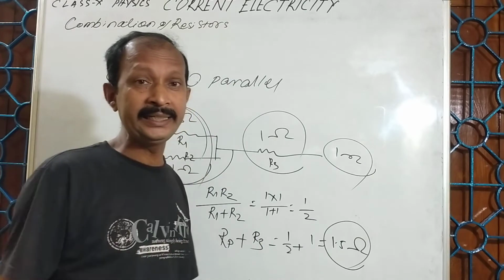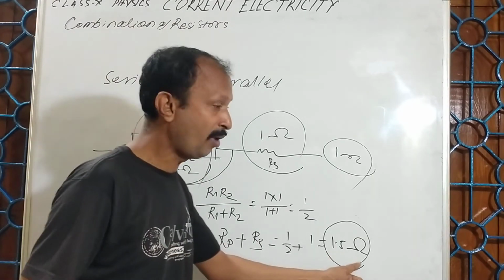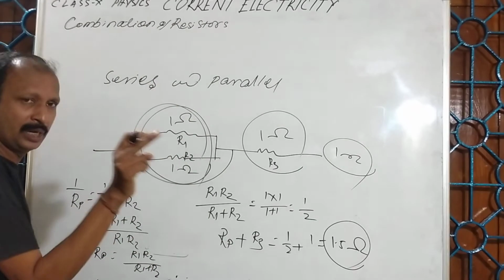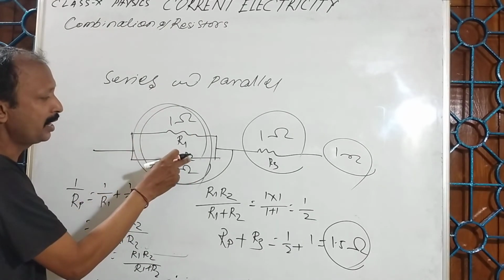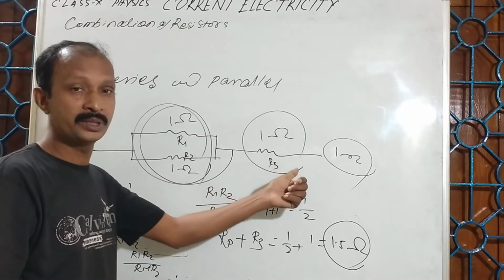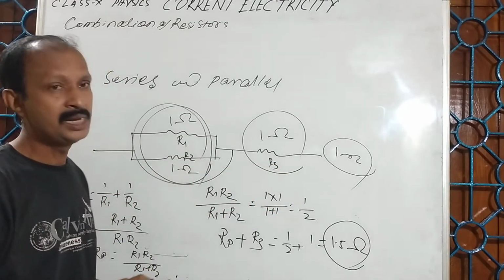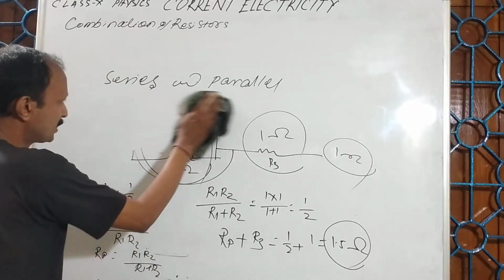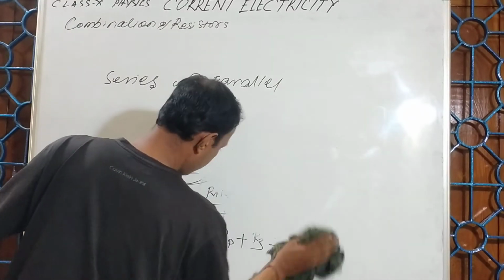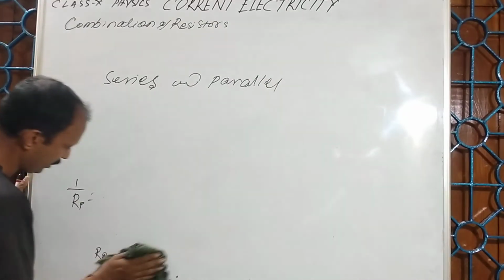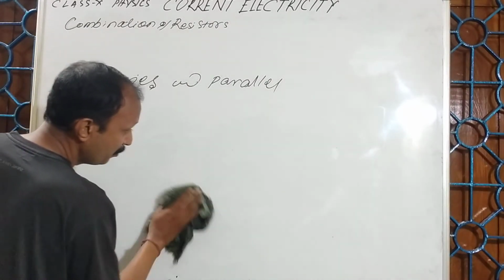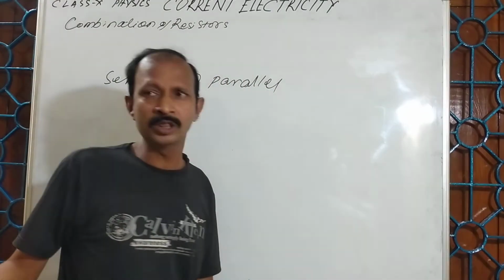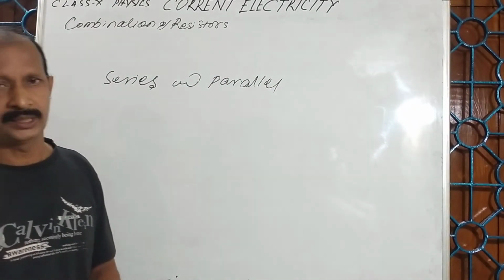We have to connect them to get a resistance of 1.5 ohm. That means the 2 resistors we have to connect in parallel, and again the third one we have to connect in series with this parallel combination. Like this way we can find our desired resistance. So there is series connection, there is parallel connection, and the third connection I said may be both series and parallel.